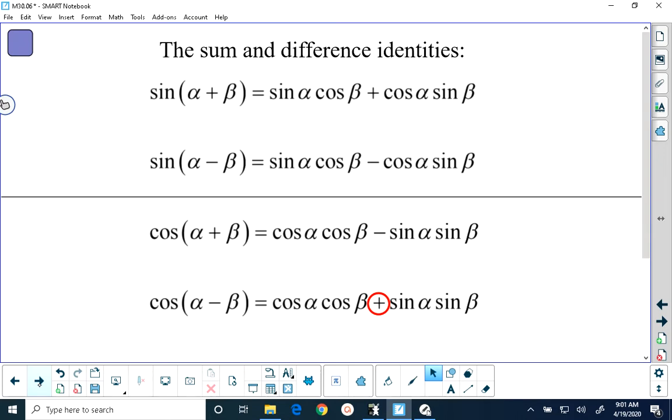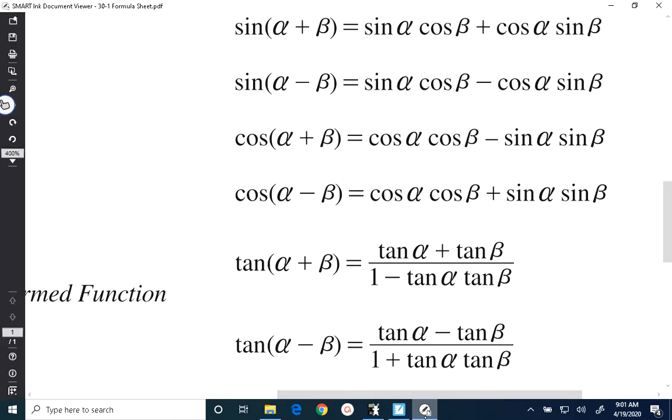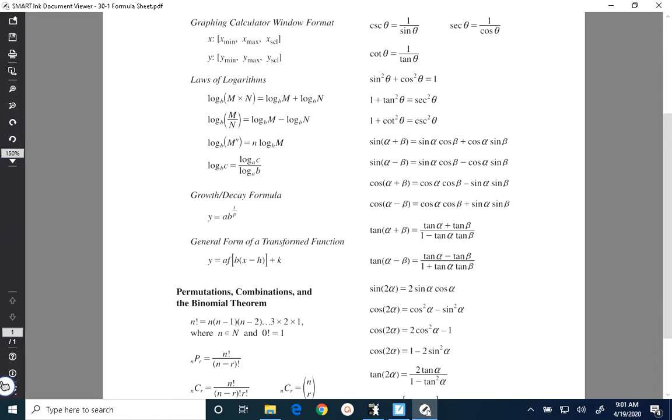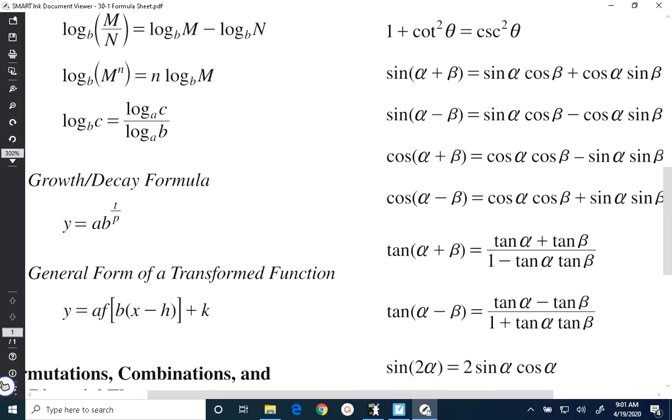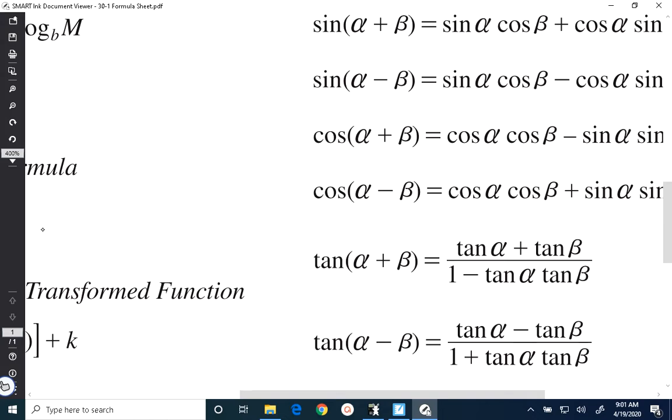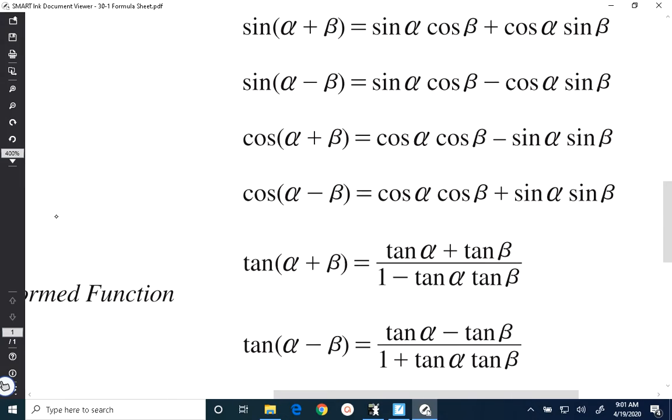I'm not going to go through each of these identities with you. They are on your formula sheet. If you were to look on your formula sheet, about halfway down the right-hand side, you'll see the sum and difference identities for sine and cosine. What you will also notice is that there are sum and difference identities for tangent.